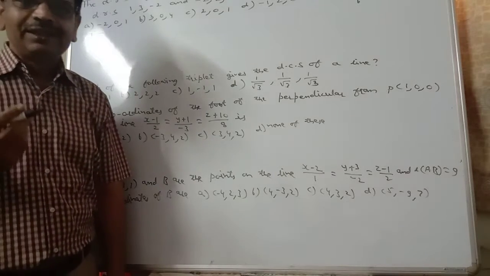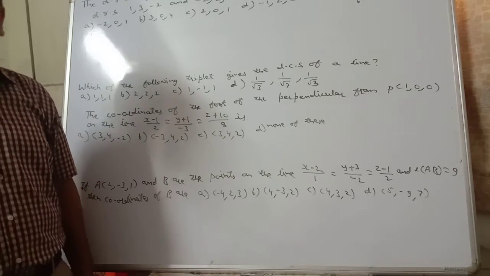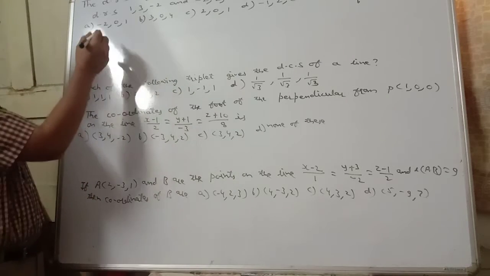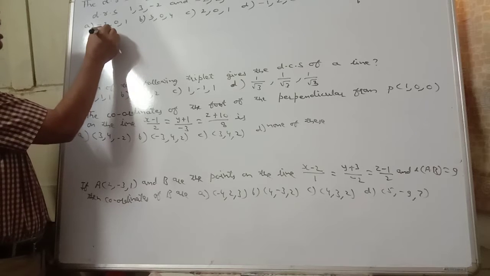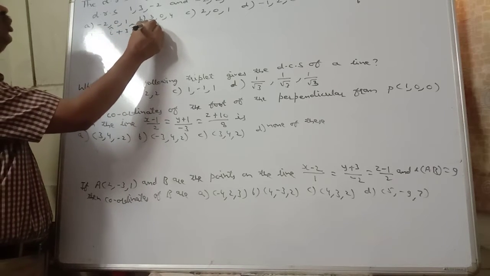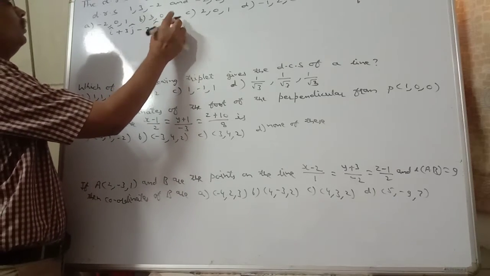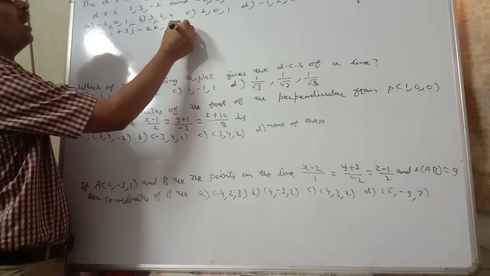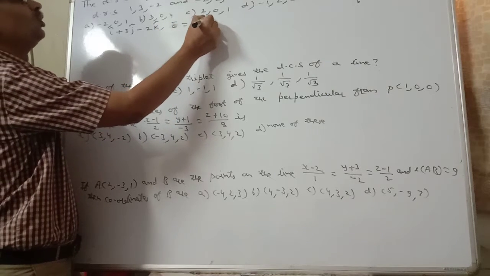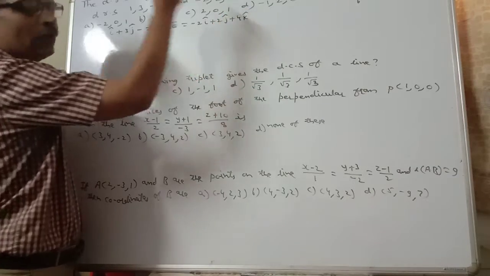Direction ratios, they become coefficients of unit vectors i, j, k. So b bar equal to i plus 3j minus 2k. Another vector c bar equal to minus 2i plus 2j plus 4k.